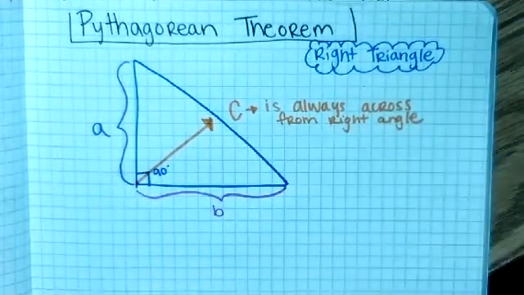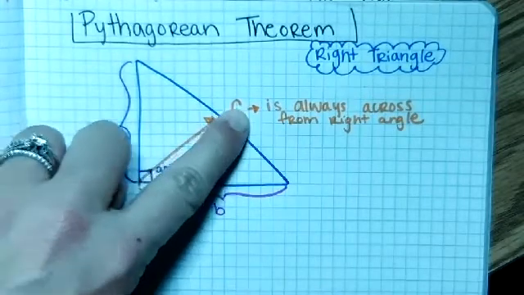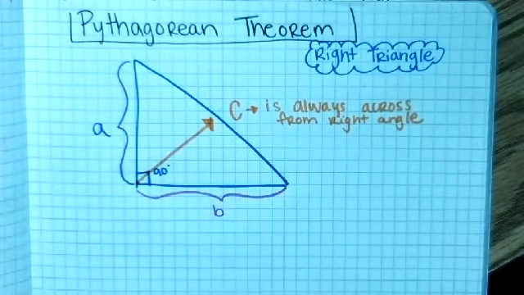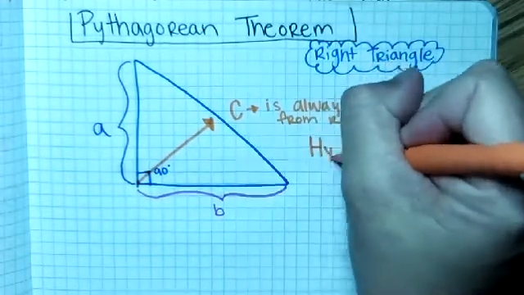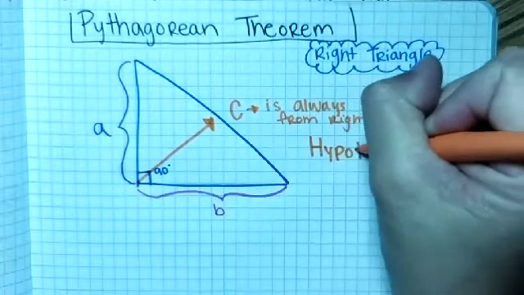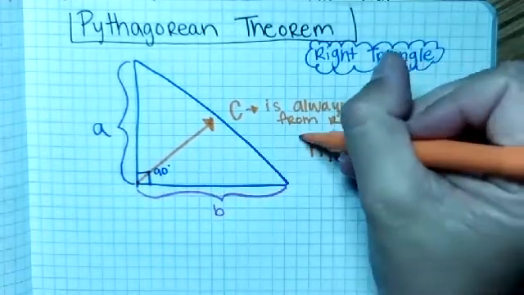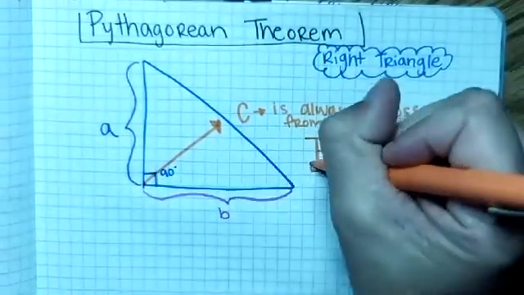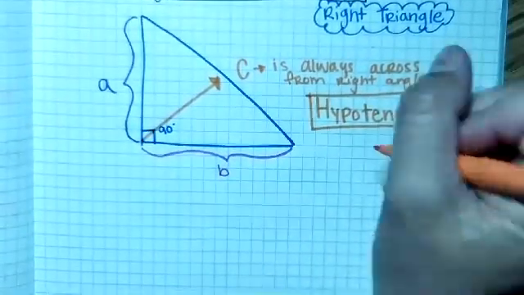So to tell where that C belongs, you're going to draw that arrow across, and that is where you're going to label C. Now that side has a specific name. It is called the hypotenuse. Hypotenuse is the side across from the right angle. It also has a special property that it's always the longest side.